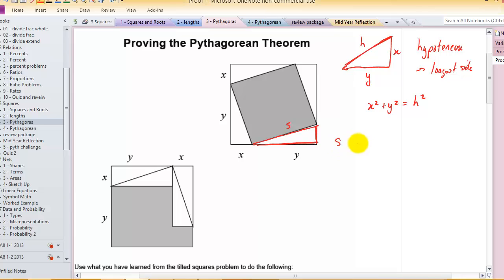So s is not only the length of the square, it's also the hypotenuse. Now here's what we've done for this kind of proof.